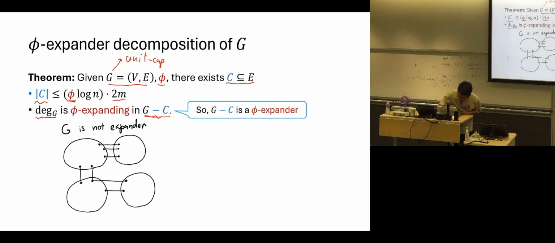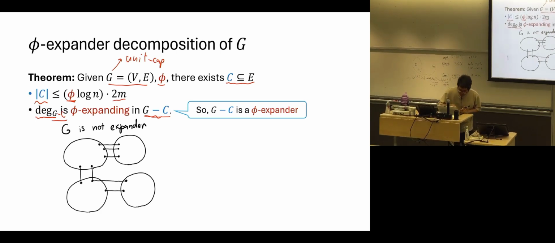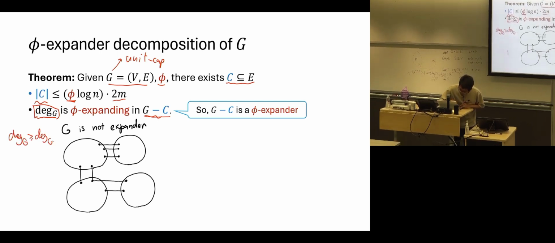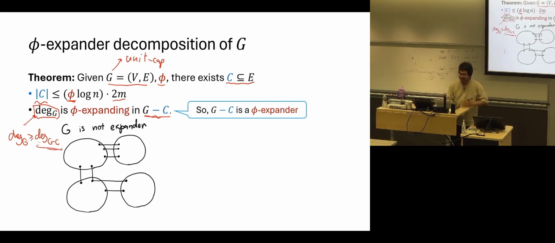But here I even have something stronger: the degree in G is more than the degree in G minus C pointwise, because G minus C is a subgraph of G. So this node weighting that is larger than the degree in G minus C is even expanding in G minus C. So G minus C is a phi expander.